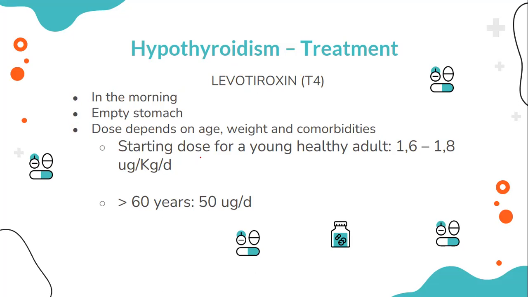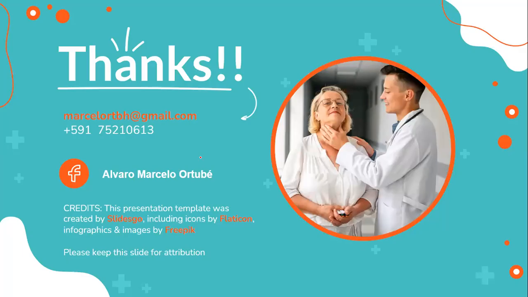The starting dose for a young healthy adult is between 1.6 and 1.8 micrograms per kilogram per day. And if our patient is over 60 years, the starting dose is actually 50 micrograms per day. So do you have any questions, guys? This is the first topic that we talked about. Let's get to the next one, okay?